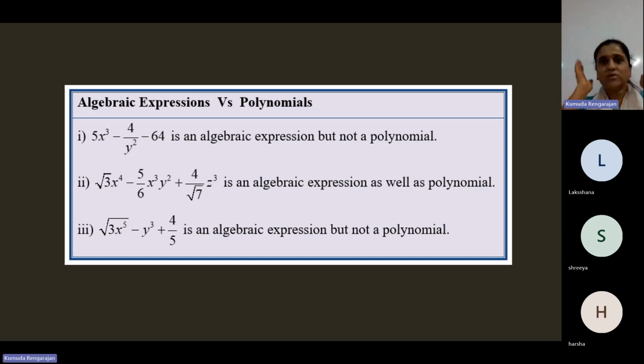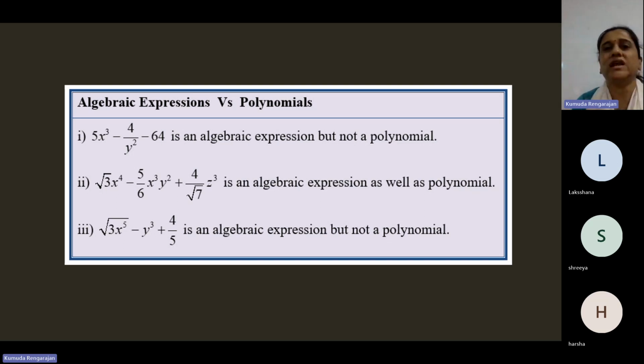Can you get the collection of real numbers in your mind, rationals and irrationals together? Now there is zero, right? Take away zero from there because zero is the zero polynomial. The rest of the numbers are constant polynomials because they're all numbers, so they have a fixed numerical value.